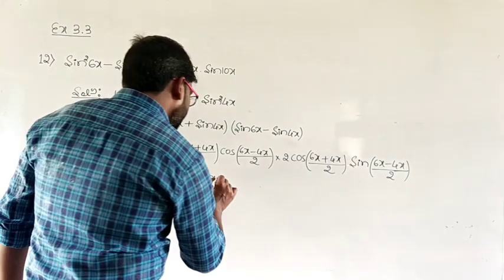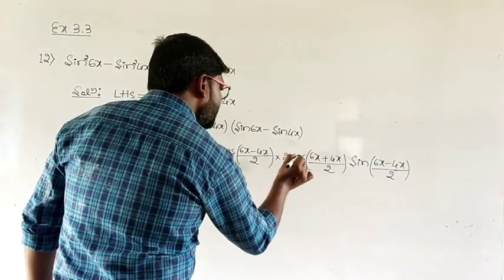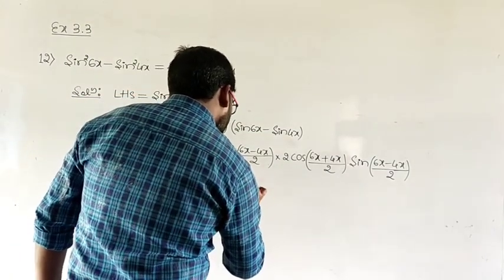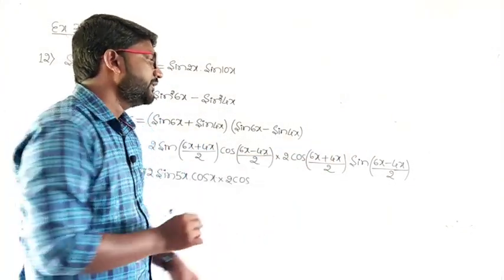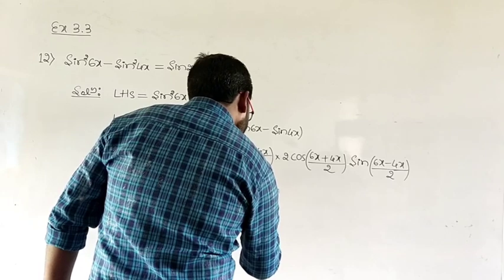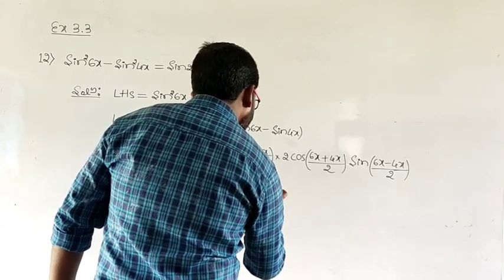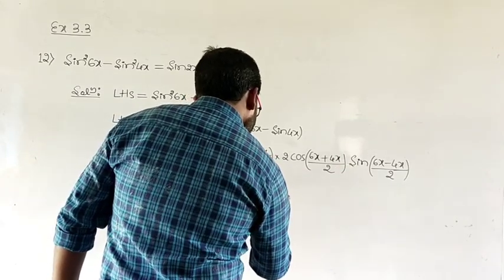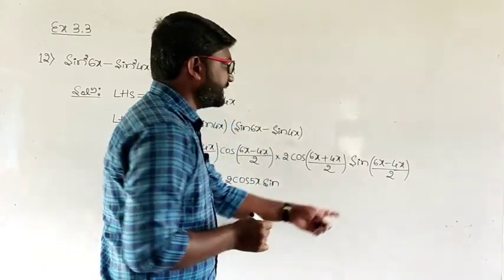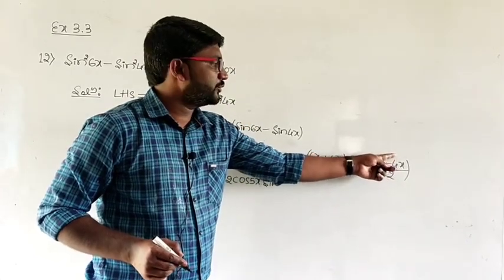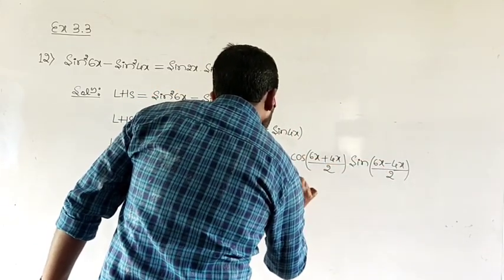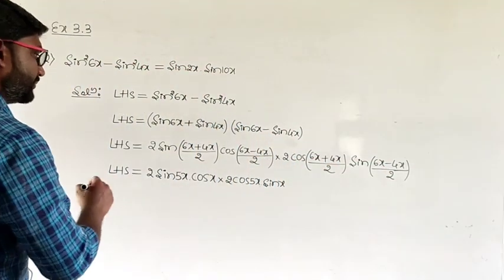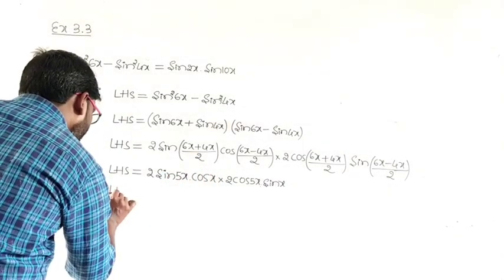Then into 2 times cos, 6x plus 4x is 10x, 10x by 2 will be 5x, into sin, 6x minus 4x will be 2x, 2x by 2, the 2 cancels, so it is x. Now we have to rearrange the terms here.